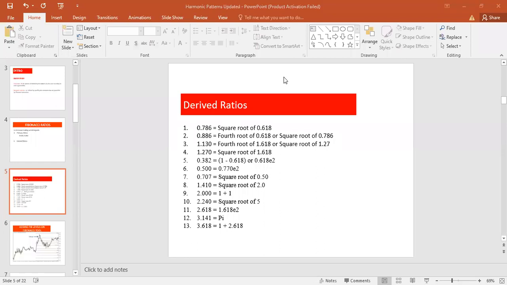other ratios, like the 78.6%, which is called 0.786. We have the 88.6%, which is called the 0.886.